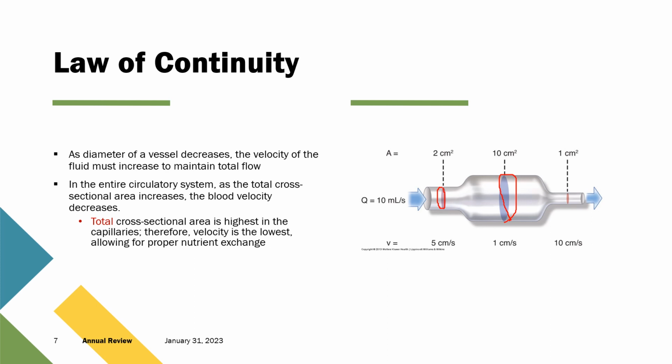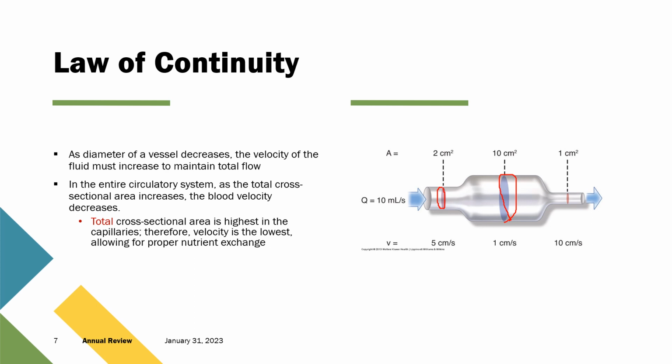So if I have this narrow tube, I could be moving 10 milliliters per second of flow. Now, as my tube broadens, I will still have to move 10 milliliters per second of flow. But since that tube is so much broader, my flow will slow down to meet that quota.